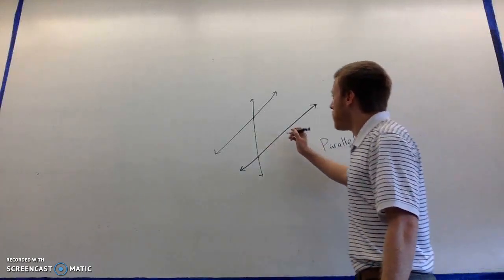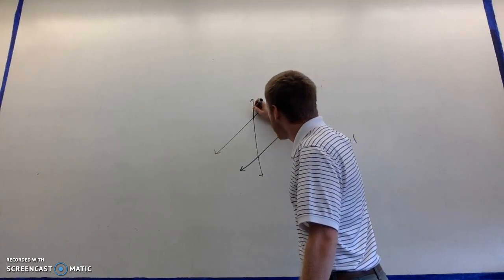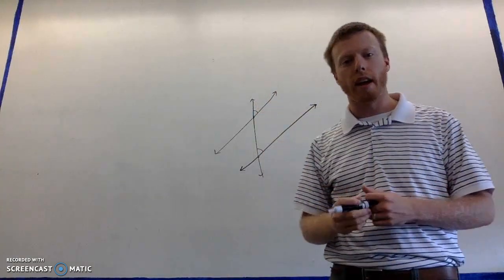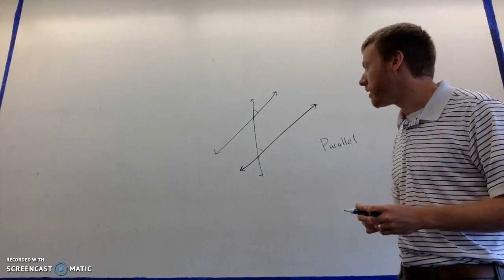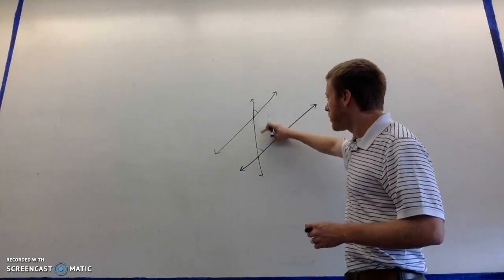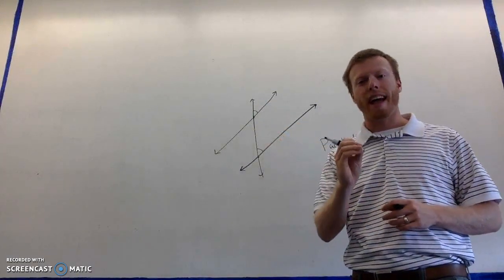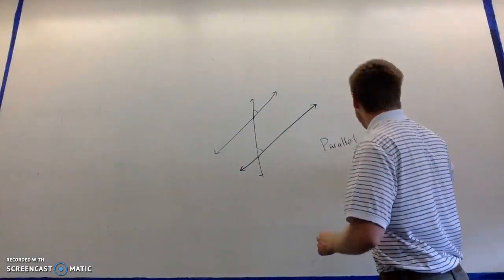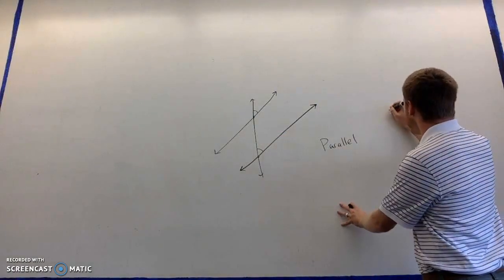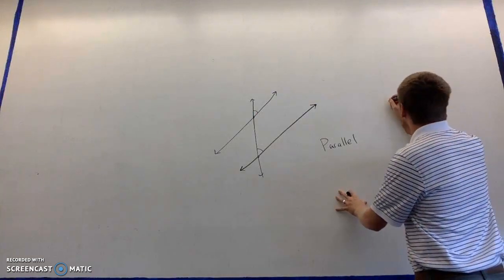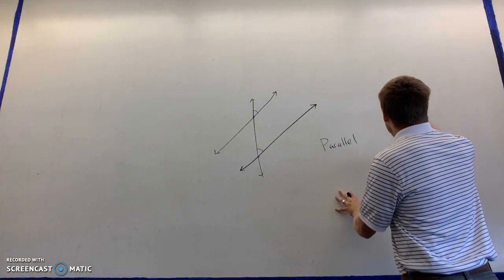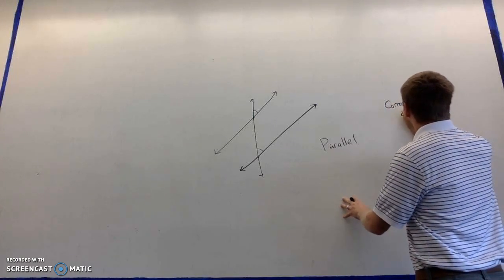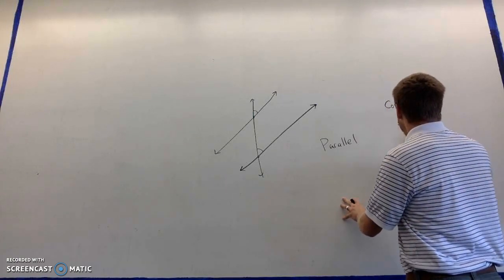Now, with that in mind, if we say that the corresponding angles, now we talked about what corresponding angles are in class, hopefully, by this point, okay? The corresponding angles, if they happen to be congruent, then the lines must be parallel, okay? So we'll say a statement here: corresponding angles are congruent.